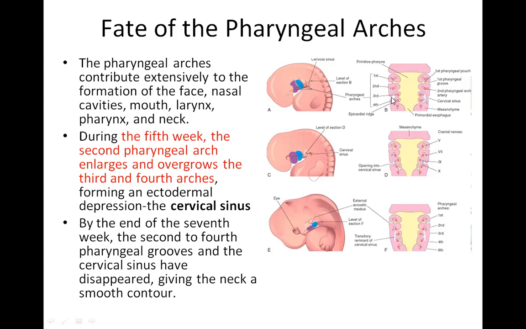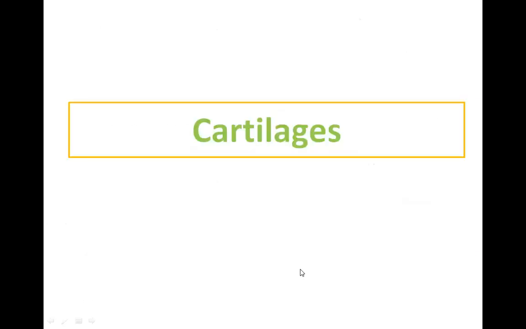This depression is known as the cervical sinus, right? So by the end of the 7th week, the second to the fourth pharyngeal grooves and the cervical sinus have disappeared, giving the neck a smooth contour. So a smooth contour is attained by the 7th week of intrauterine life.